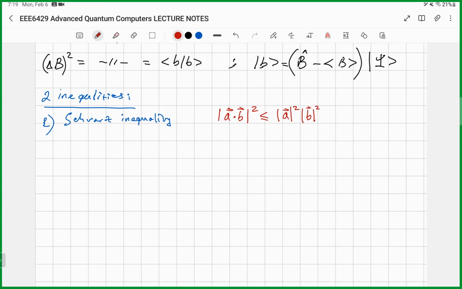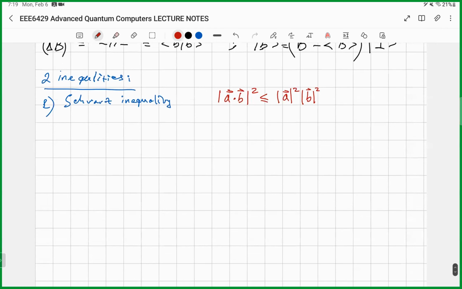So the inner product of two vectors is always less than the product of the lengths of the two vectors. Why?